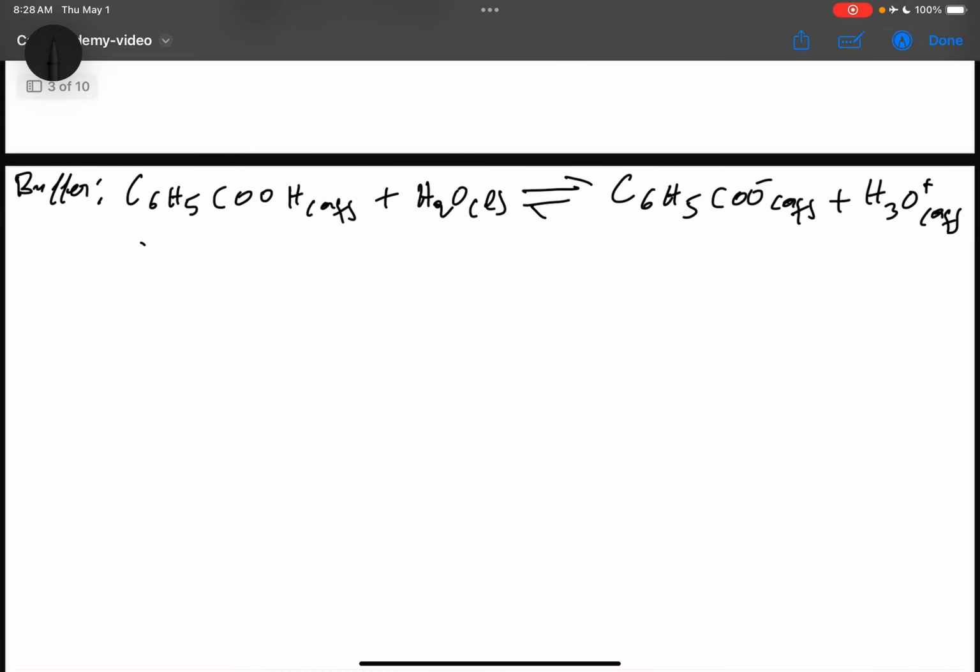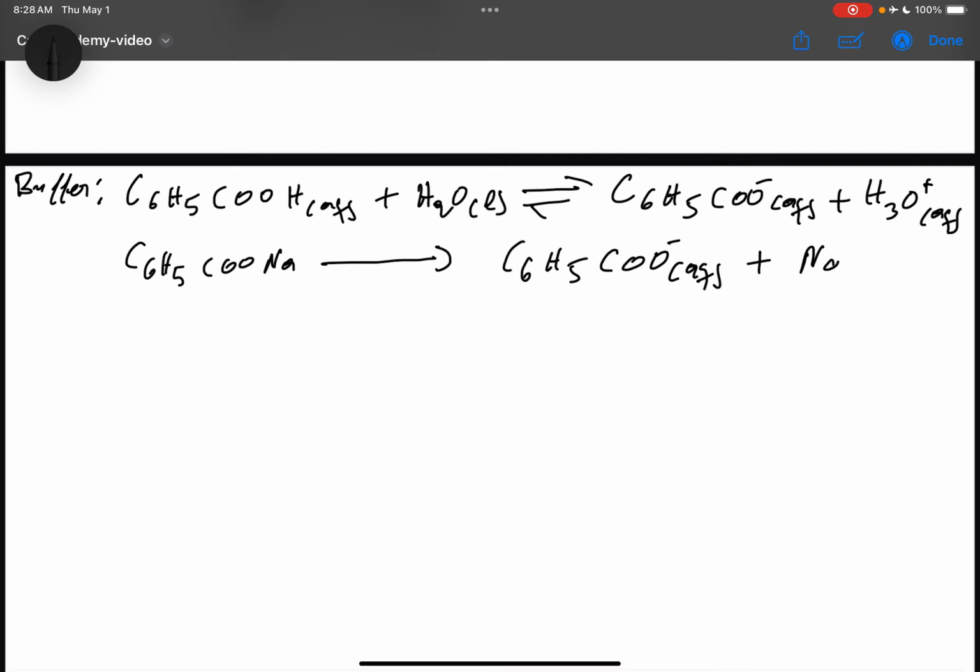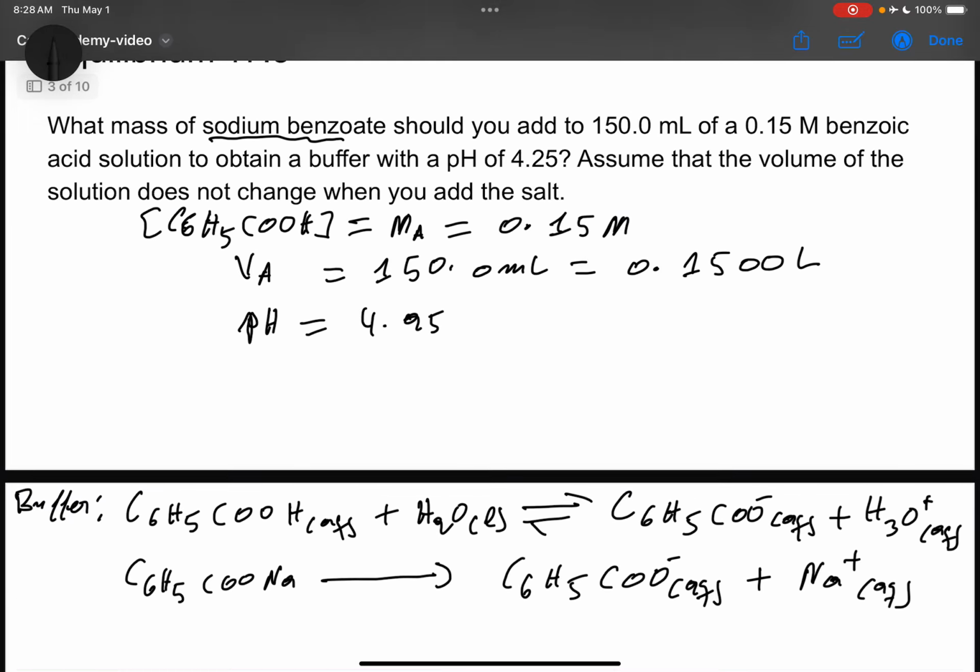Let's also write down the dissociation of sodium benzoate. We have sodium benzoate, which dissociates into the conjugate base and sodium ion. And we'll also be using the Henderson equation.